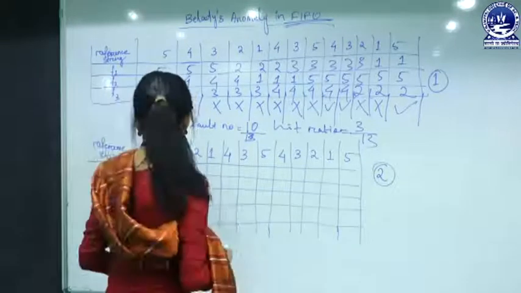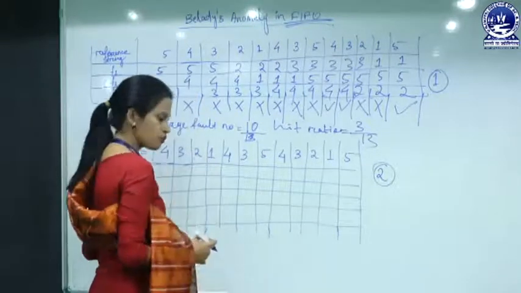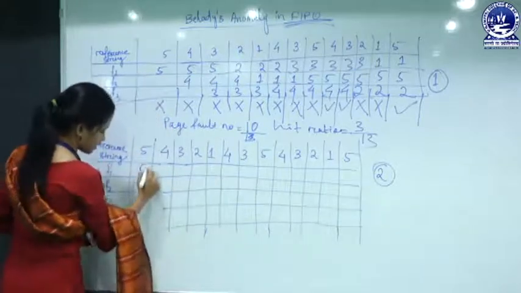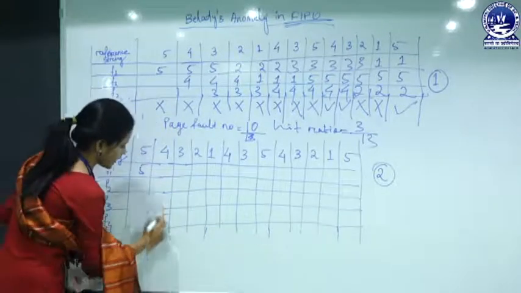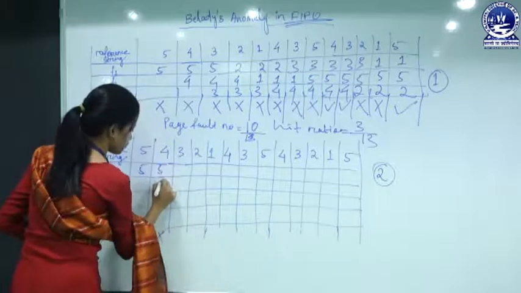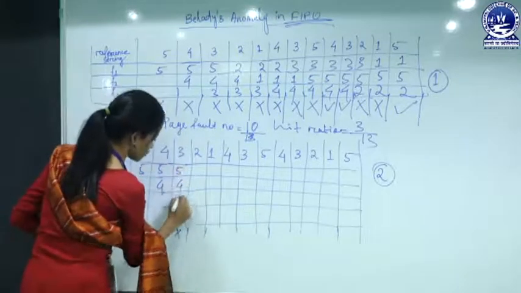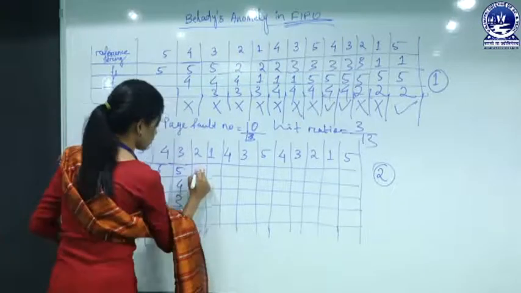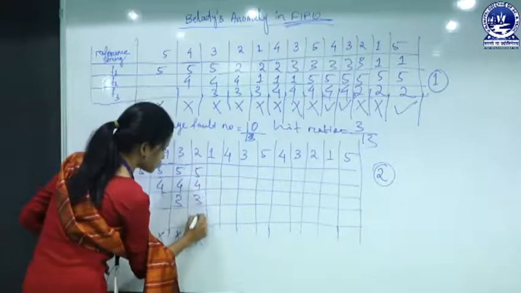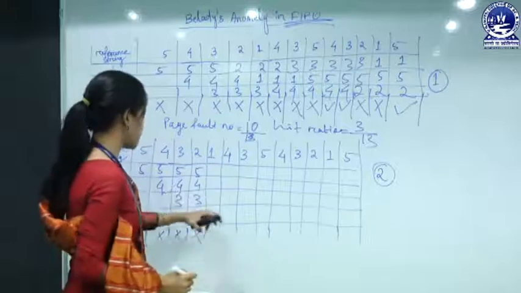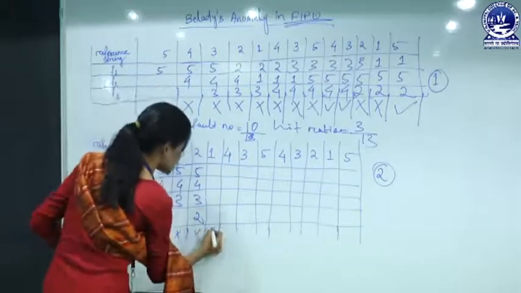Okay, so another frame is added to the main memory. First is 5, there is a page fault, again there is a page fault, 5, 4, again another page fault, 5, 4, 3, and again 5, 4, 3, 2, again 1 would be replaced. So again here is a page fault.